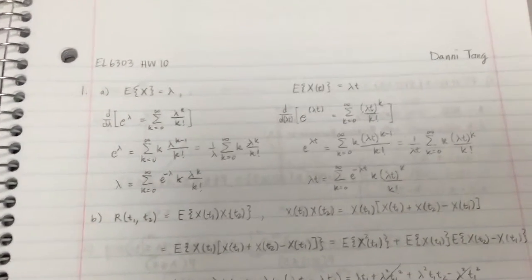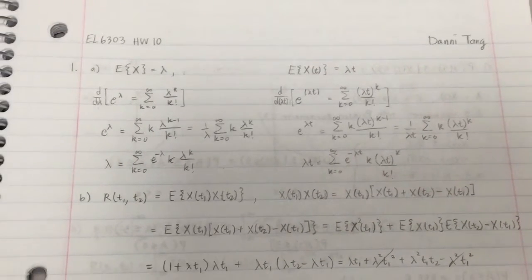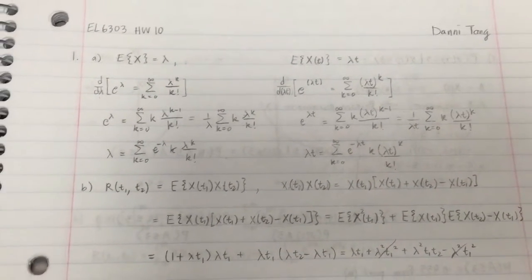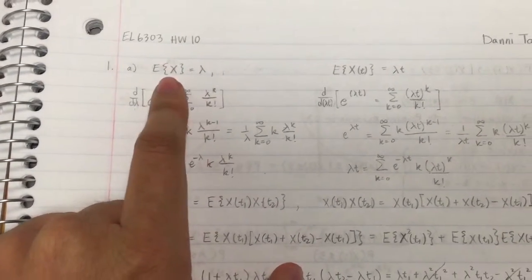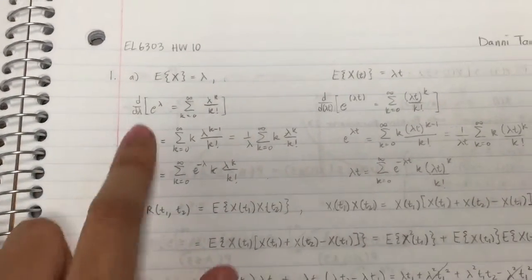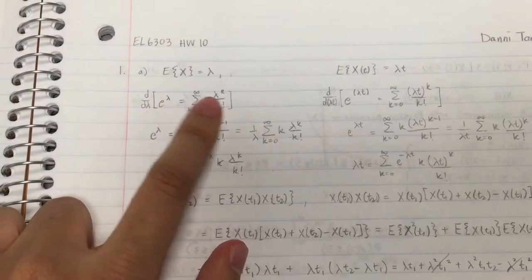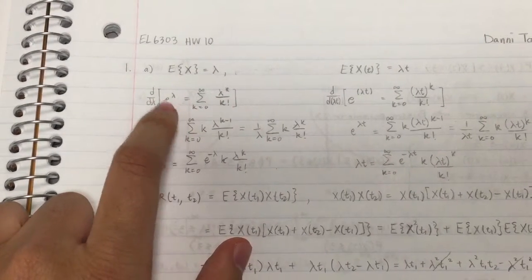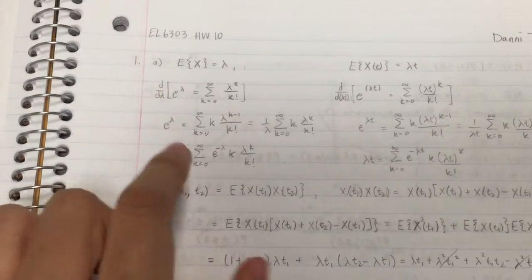To find this, we'll do it pretty much the same way that you would find the expected value of the Poisson variable. In Poisson, we know that the expected value of X is just lambda. So you take the derivative of this: you move the e to the negative lambda to the left side, so it's just e to the lambda, and then you take the derivative with respect to lambda.